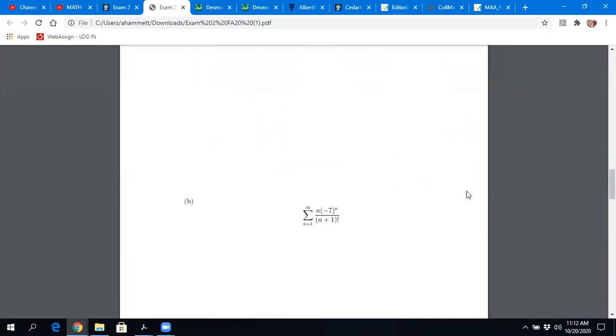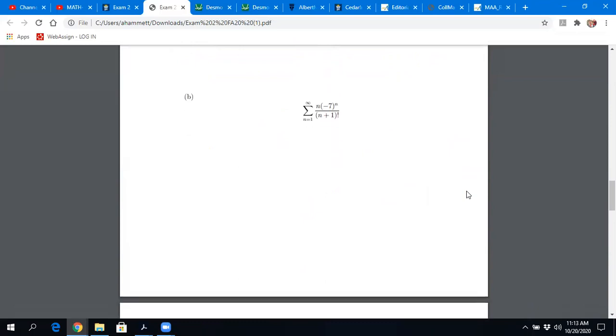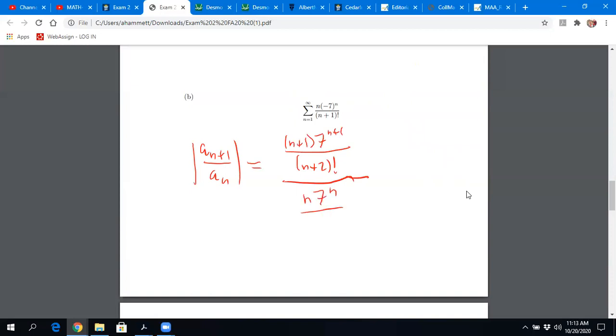And some of you are getting sort of sloppy with your cancellation of things. But if you take the absolute value of a_(n+1) over a_n, in this case, first of all, the minus sign just becomes irrelevant, yeah? And what you're going to end up with is (n+1) 7 to the n+1 over (n+1), which is (n+2) factorial, divided by n 7 to the n over (n+1) factorial. Okay?